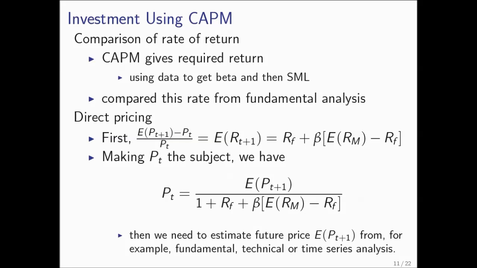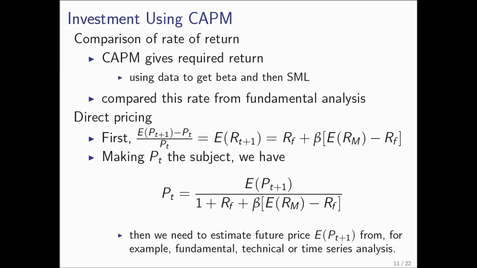And how do we use CAPM to do investment? There are two ways. One way is comparing the rate of return using the CAPM model. CAPM gives us the historical beta and the SML, which gives the required return. And from fundamental analysis, you might have some expected rate of return. Then by comparison, you see what to buy.